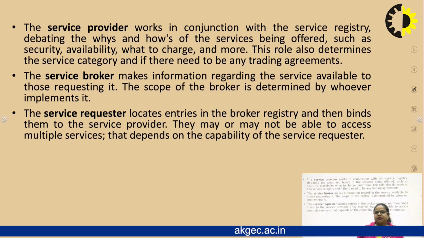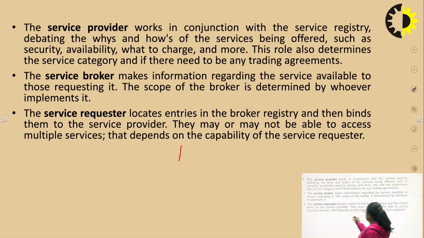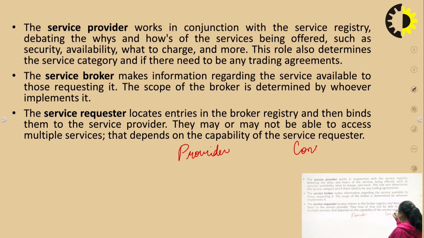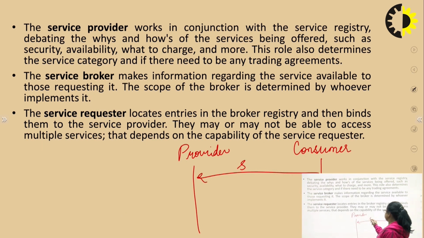The service provider works in conjunction with the service registry, detailing why and how the service is being offered. Suppose I'm talking about a service provider and a service consumer or requester. When it requests a particular service, first of all, the provider provides the service registry.